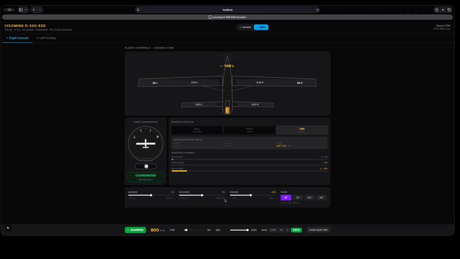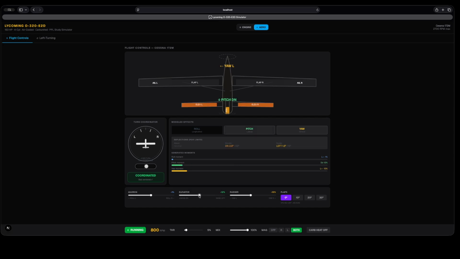And then if you need to go up and down, that's where your elevator comes in. So when you pull back or push forward on the yoke or the steering wheel, as I said earlier, that moves the elevators on the tail, which control the pitch of the airplane. So you pull back on the yoke to get nose up pitch, and then you push.